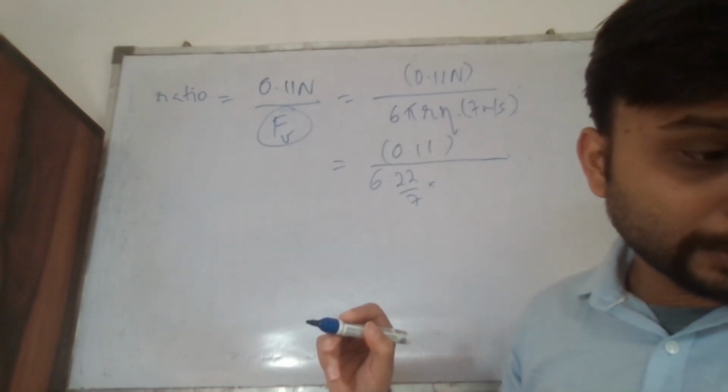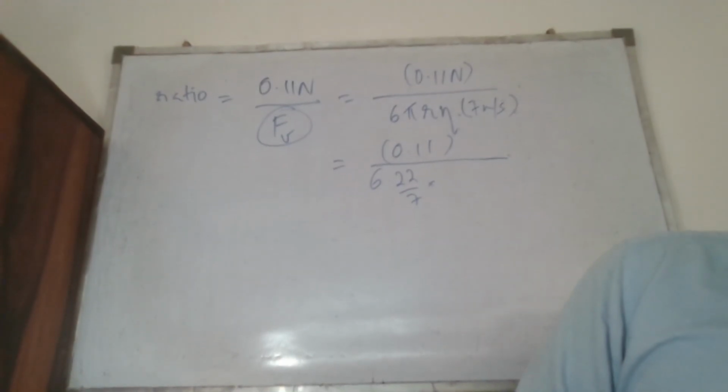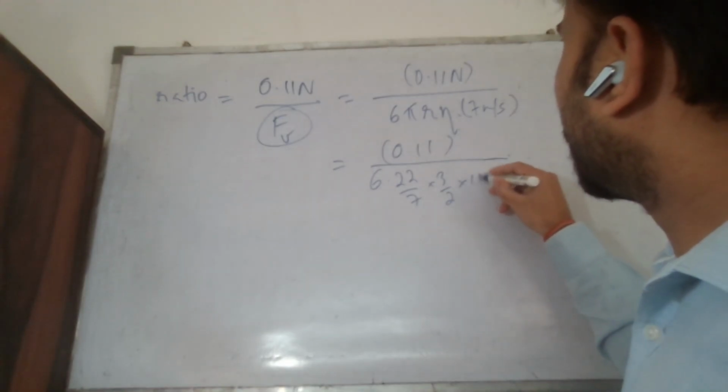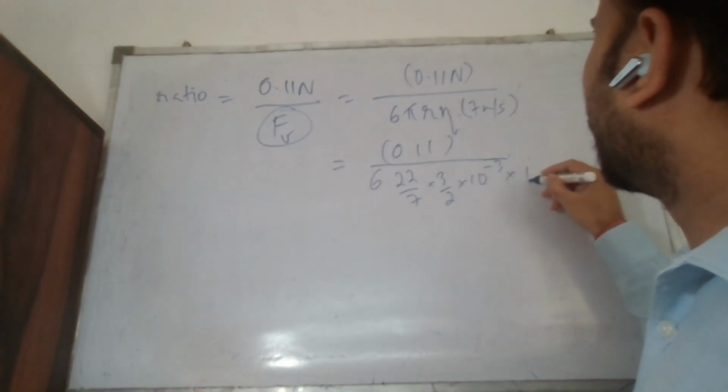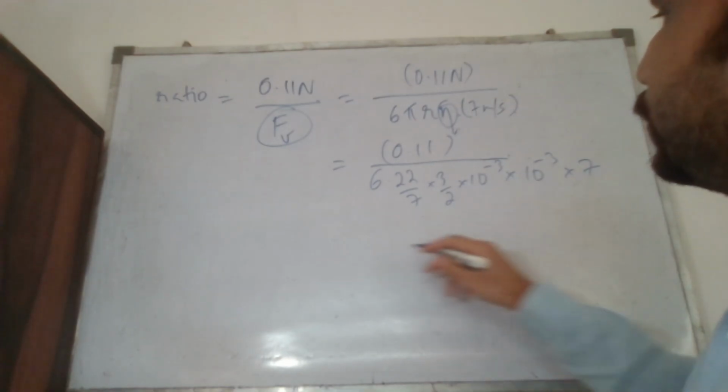R is the radius of the sphere. That is 3 by 2 into 10 to the power minus 3, into again 10 to the power minus 3, the coefficient of viscosity, into 7.